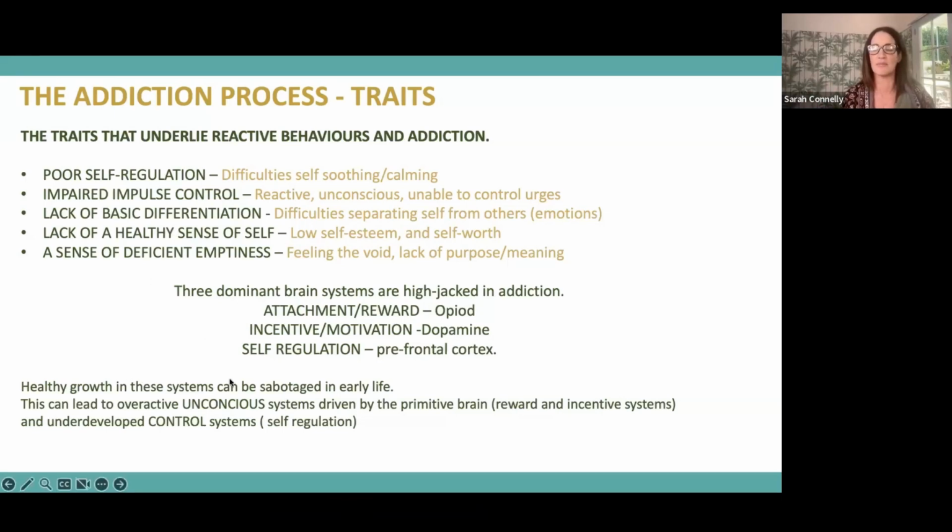And these systems can be sabotaged in early life, as I mentioned. This leads to overactive unconscious systems that are driven by the primitive brain, the one that we have very little control over, and an underdeveloped control system. This is the prefrontal cortex and our ability or inability to self-regulate.